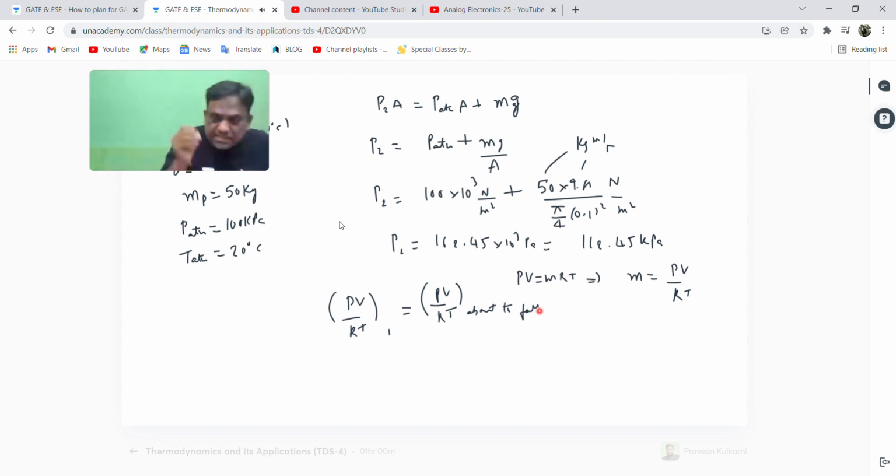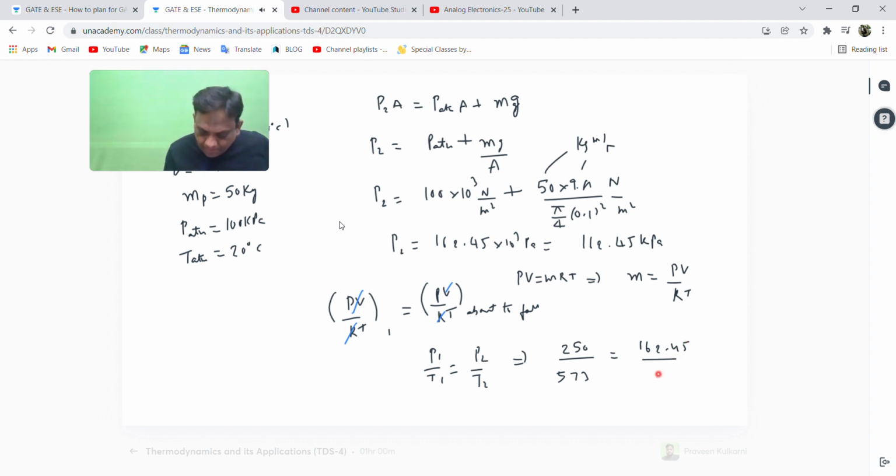The volume will be the same. Wonderful, my dear students. So therefore, P1 by T1 is equal to P2 by T2. What is P1? Initial pressure is 250, and temperature should be strictly in Kelvin, is equal to 162.45 by T2.